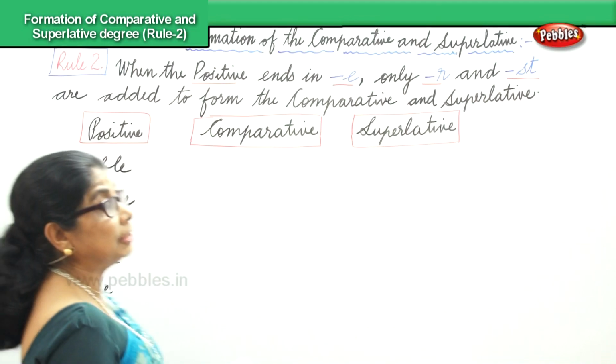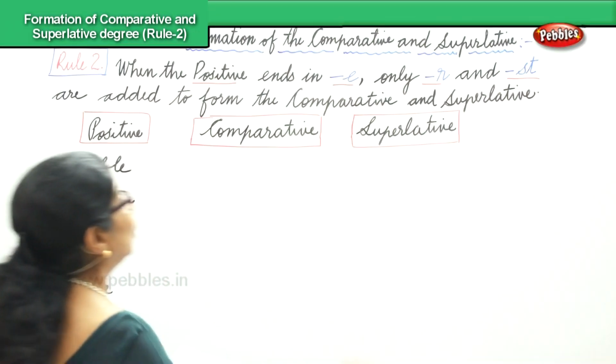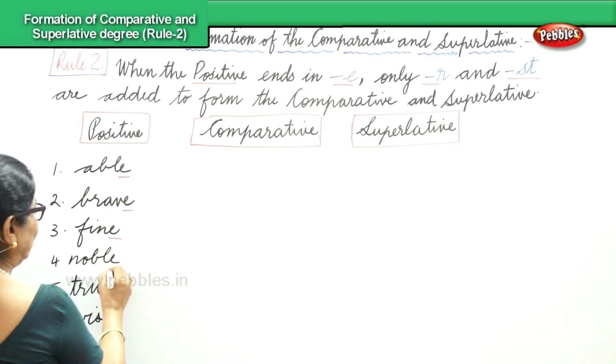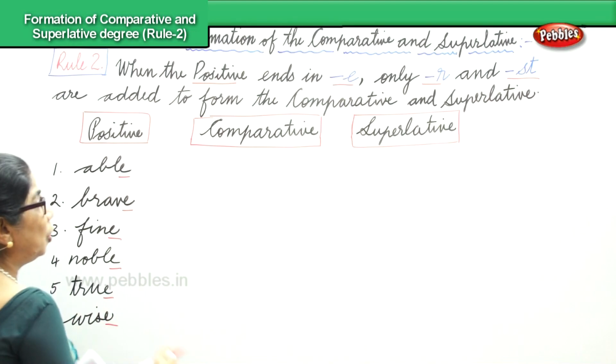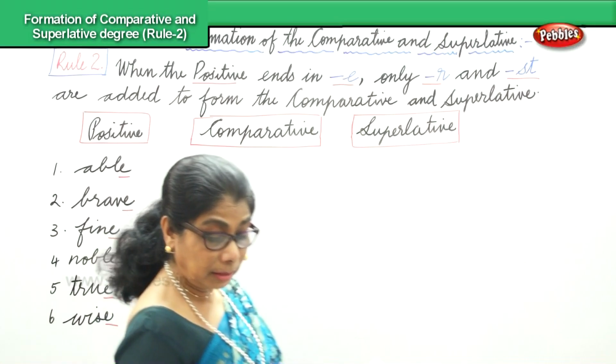All the positives are ending in E. That's what we need to look at. When the positive ends in E, what do we need to do? To form the comparative, we add R.